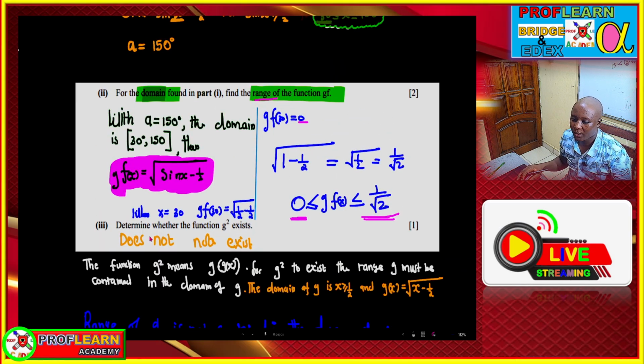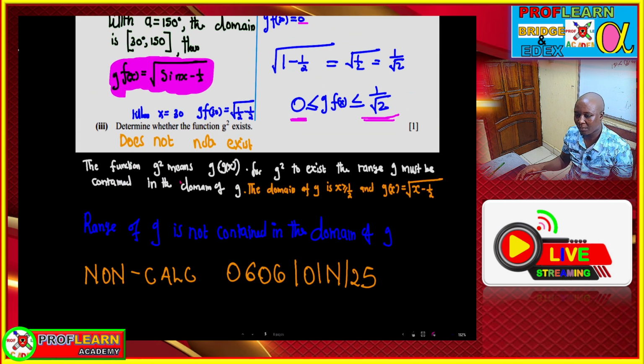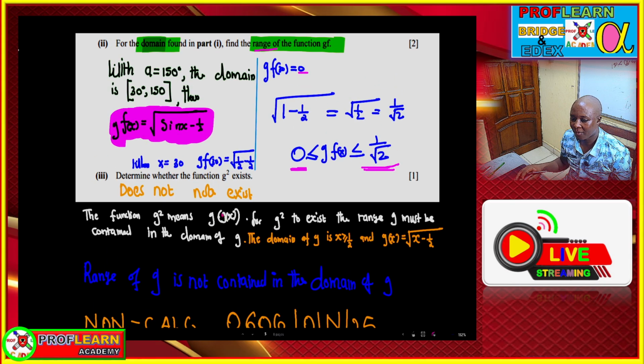And then you are supposed to determine whether the function g squared exists. What does g squared mean? This means g of g of x. So for this to exist, the range of g must be inside the domain of g.